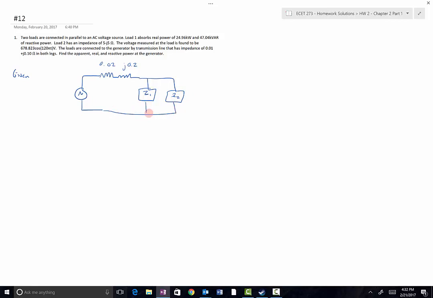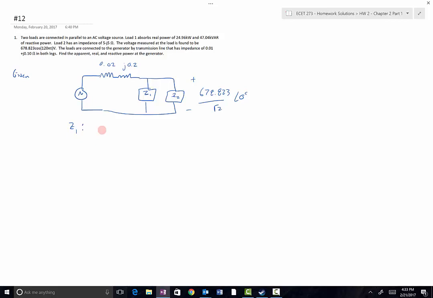And we know that the voltage seen across those parallel loads is, in phasor form, 678.823 over root 2. And we're going to take that as the reference, 0 degrees. For Z1, we weren't given load impedance directly.